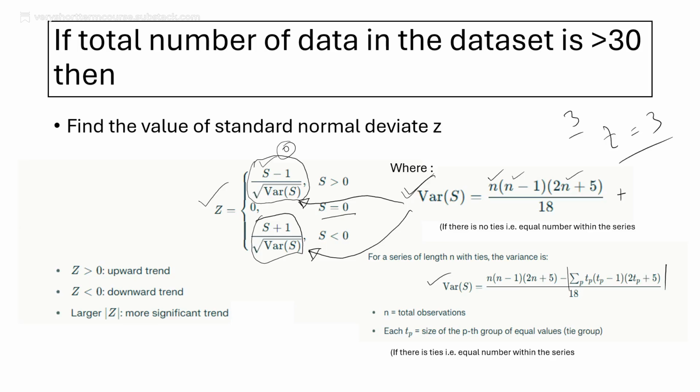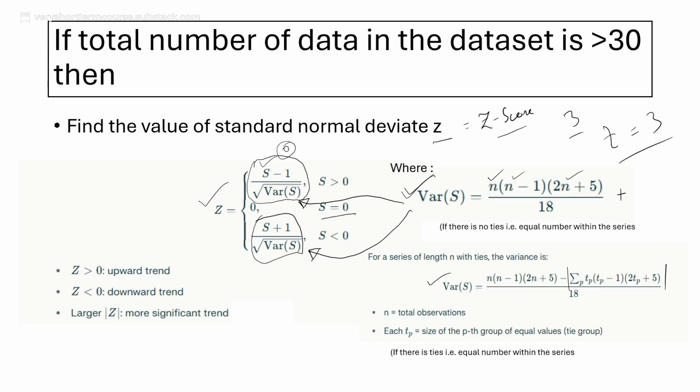If your data set is more than 30, then you have to calculate Z, which is also known as the standard normal deviate. So when to say that there is a trend with the help of the Z score, and when to say there is no trend? This Z is also known as the Z score.